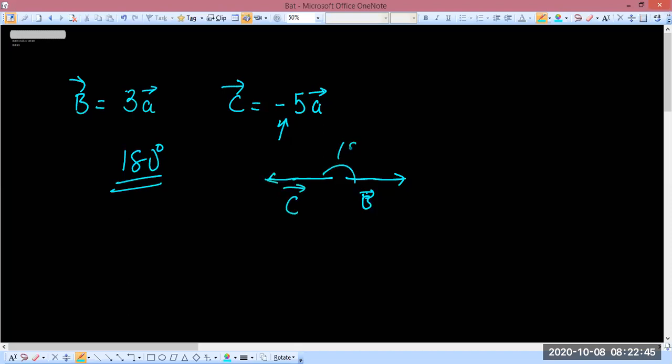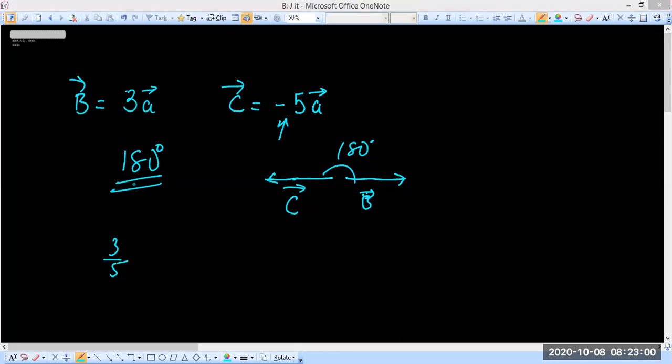The angle between them is 180. Now ratio of magnitude 3/5. I don't think I have to worry about it at all. 3/5.